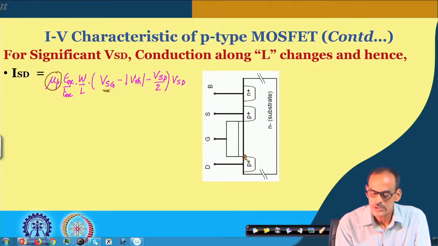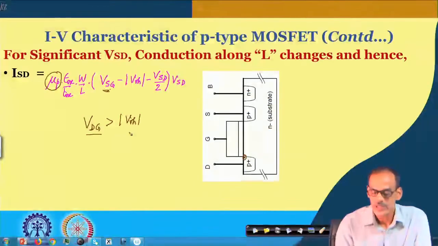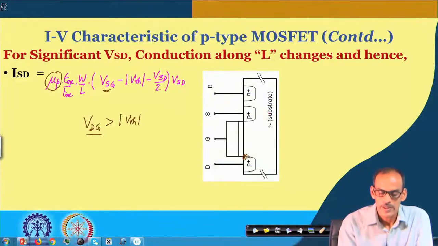But this is true only when the VdG is higher than the threshold voltage. If VdG is higher than the threshold voltage, then only we will be having this channel. In fact, we can rewrite this expression of VdG in terms of VSG minus VSD.